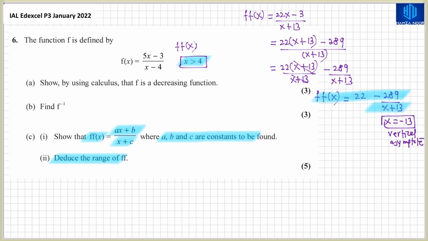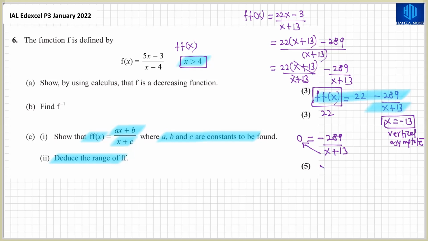As you already know, when the output of this function would be 22, this 22 and 22 will be cancelled out, and you will be left with 0 equals minus 289 divided by x plus 13. When you multiply x plus 13 with 0, it gets eliminated, and you won't be able to solve this equation.